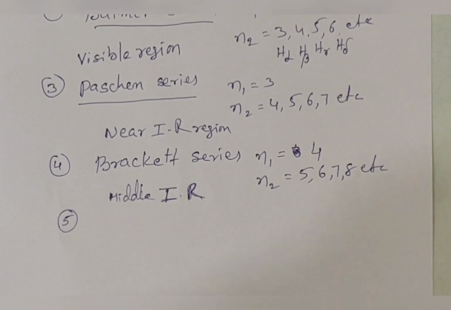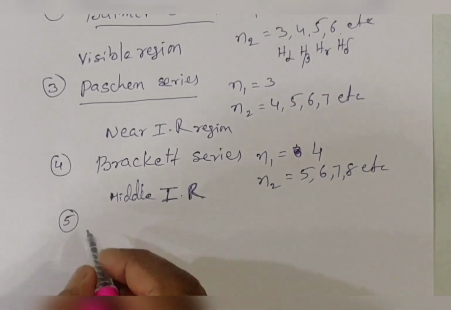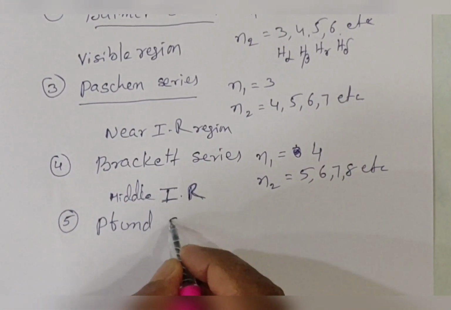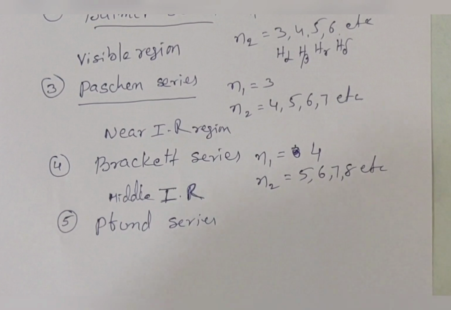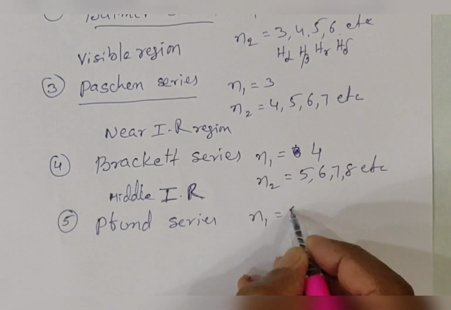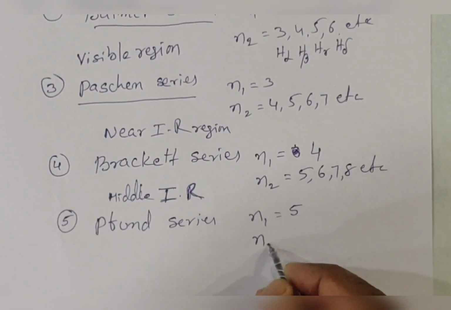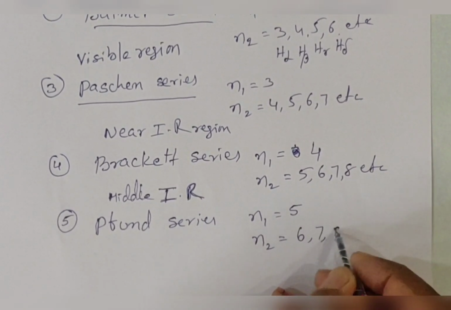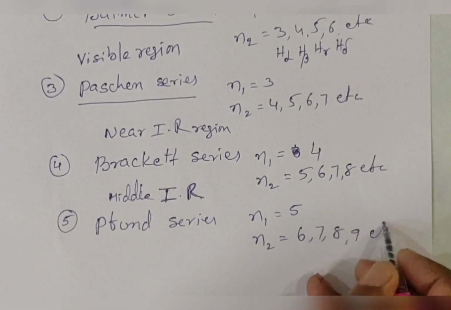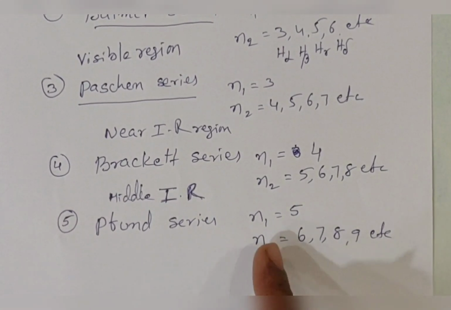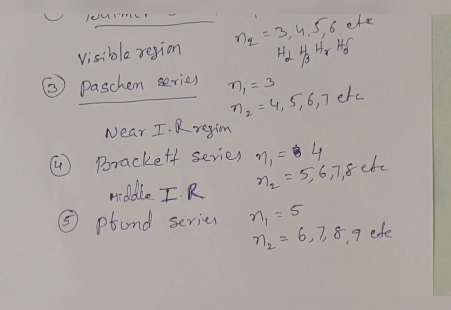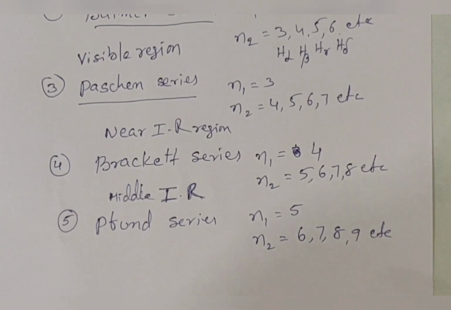Next, the fifth and last of these 5 series is the Pfund series. Here N1 is equal to 5, and N2 is equal to 6, 7, 8, 9, etc. These spectral lines are obtained when the electron jumps from a higher level to the 5th energy level.